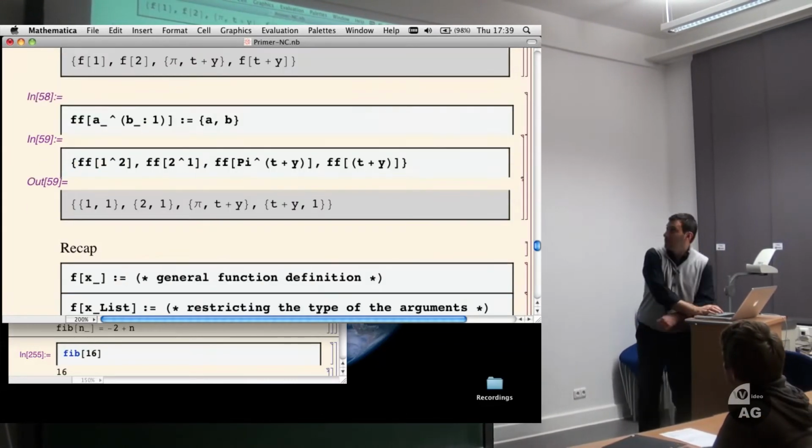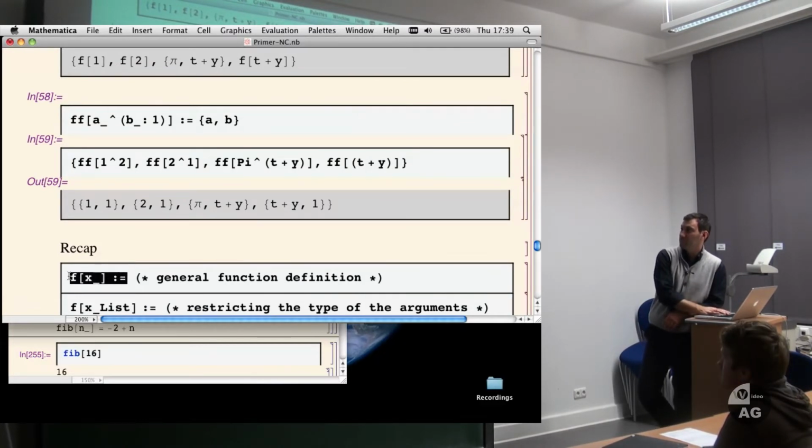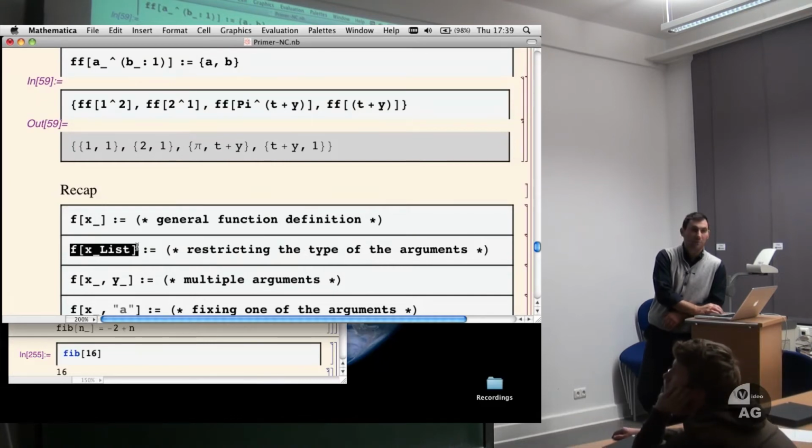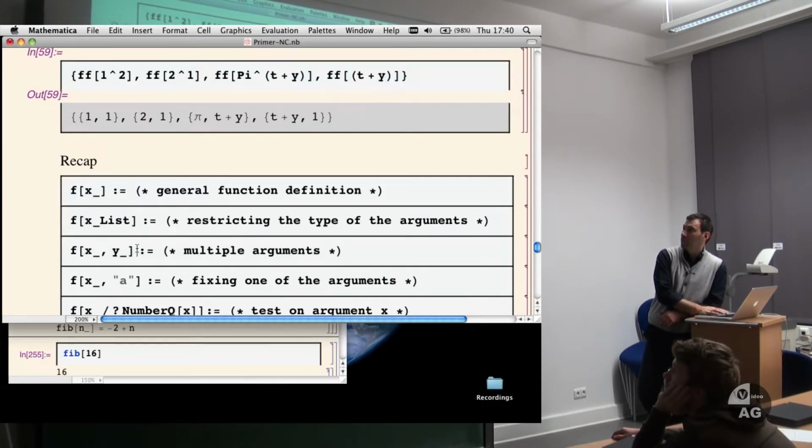And now I prepared this recap. So this is how you define a function. This is how you constrain the type of an argument. Function with multiple arguments. Function where one argument doesn't have the underscore, it means it's fixed.